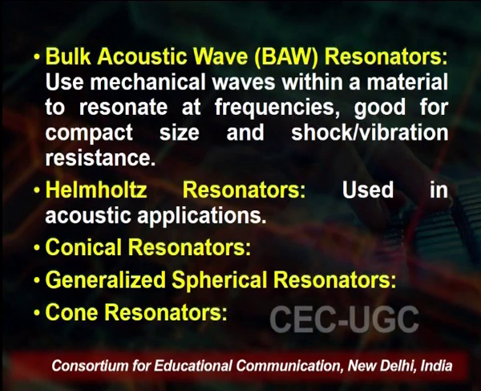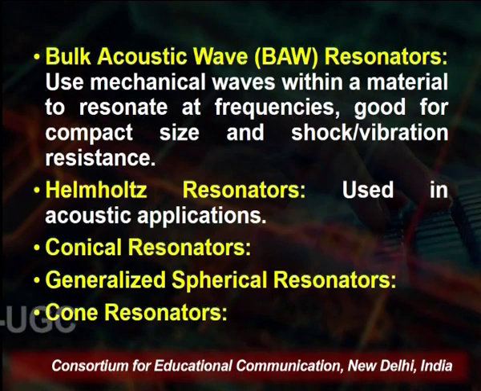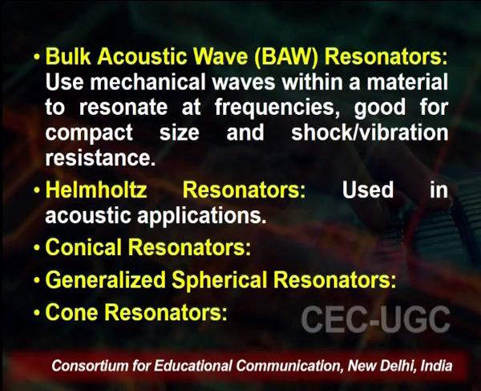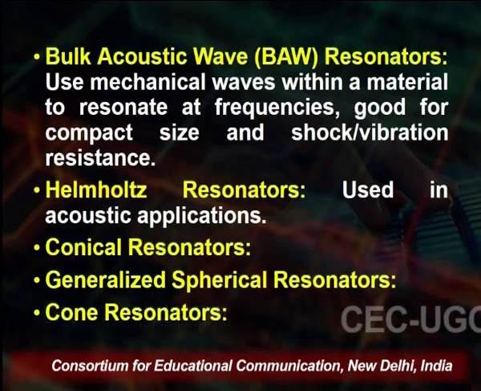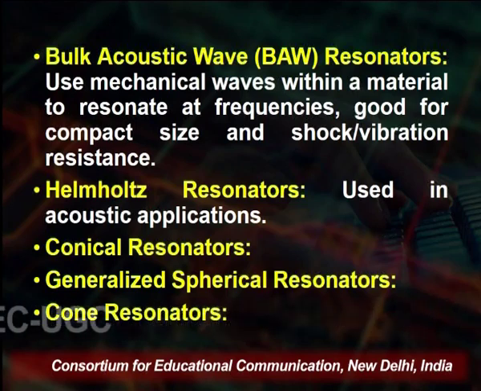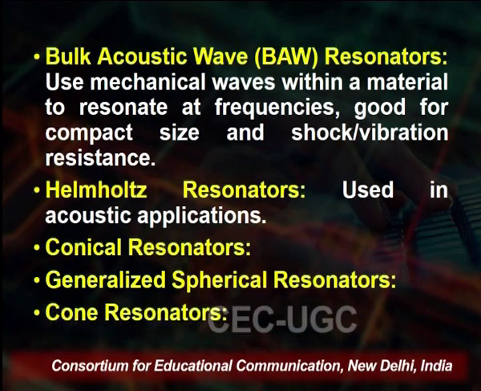Another type is the bulk acoustic wave, that is BAW, resonator, which uses a mechanical wave within a material to resonate at the frequency, with a good compact size and shock and vibration resistance.